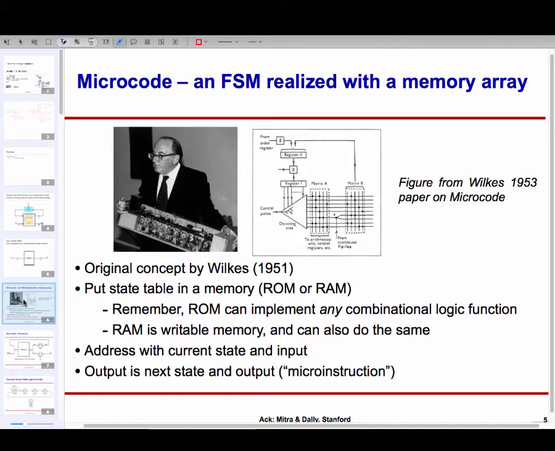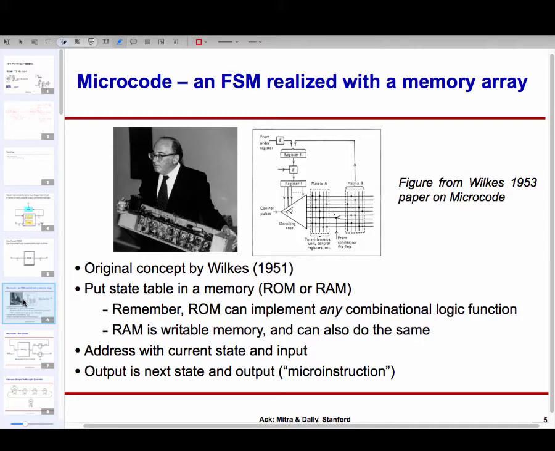The idea is that we use the current state and the input as the address to this ROM, and then the ROM returns a value, and that value tells us the next state and the outputs that are going out.